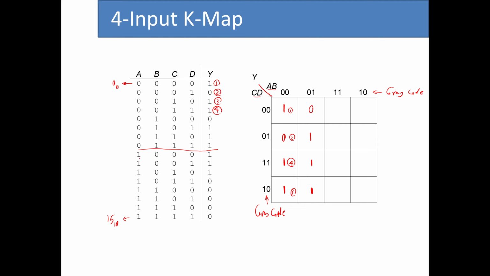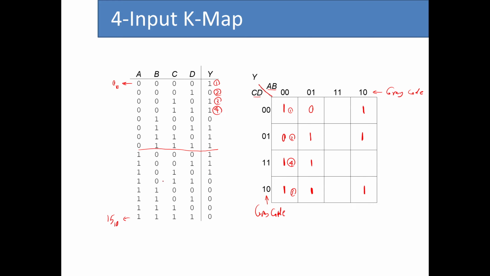Next is 1, 0, 0, 0, which is 1. 1, 0, 0, 1, which is 1. 1, 0, 1, 0, which is 1.